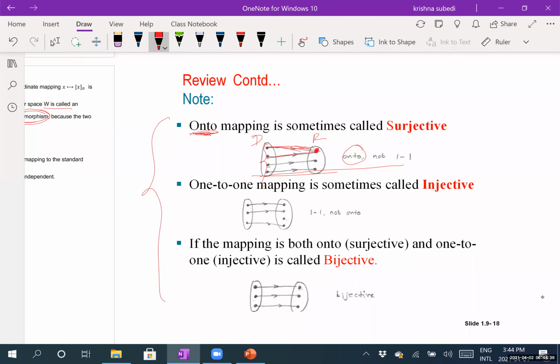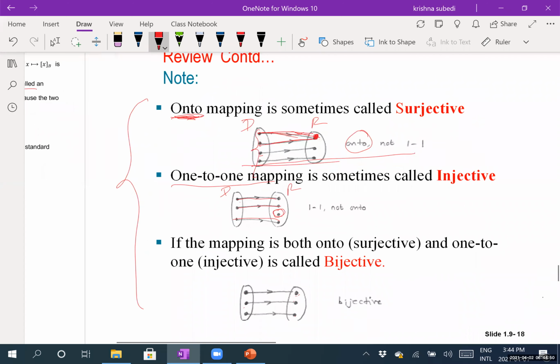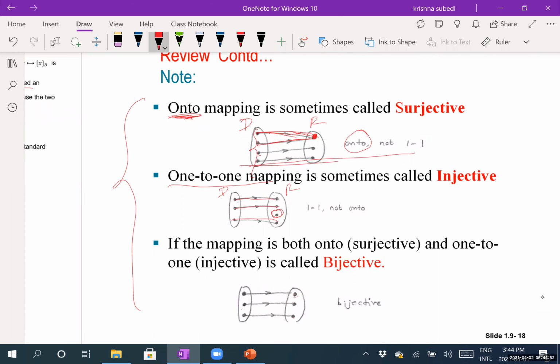Now one-to-one mapping is, this is going one-to-one, but there is some in the range, and this little guy here in the range doesn't have anyone to go with. Okay, it is left behind. So this kind of mapping is called one-to-one, but not onto.